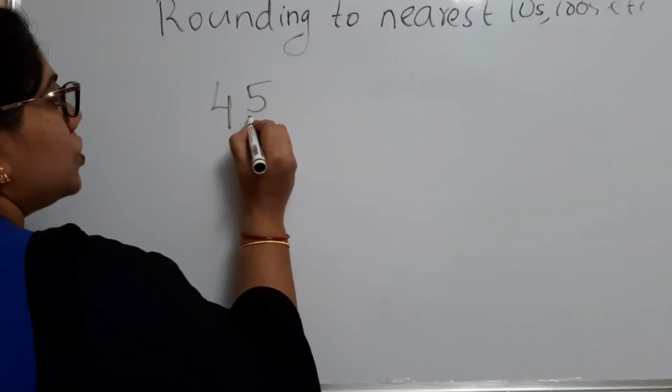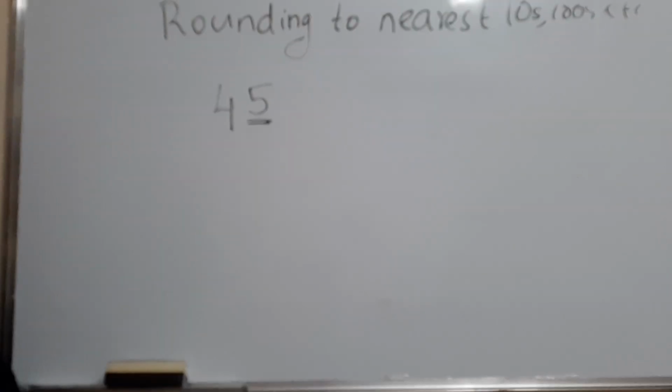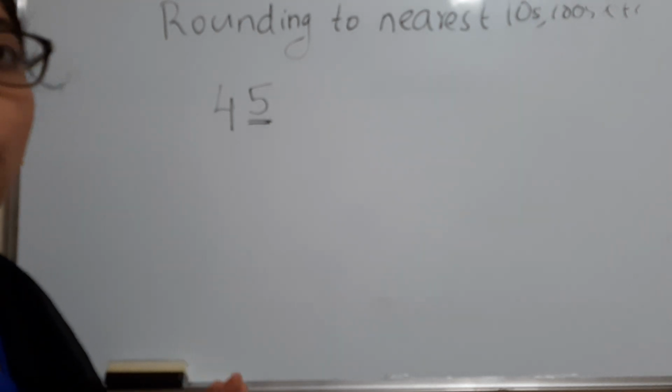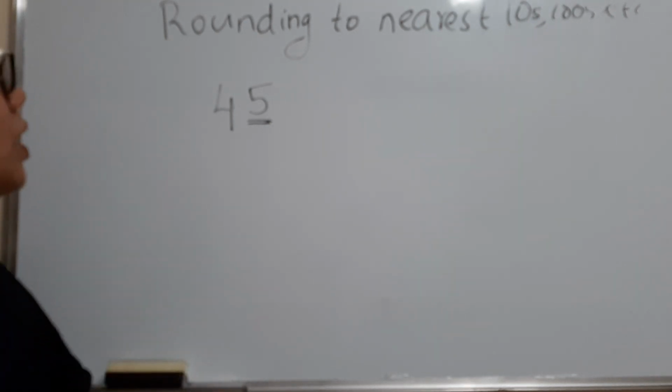For example, I am taking the number 45. If you want to round this number to the nearest tens, you want to check the ones place.